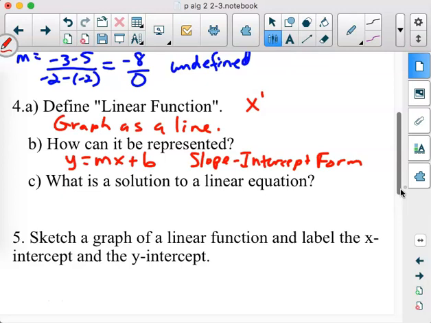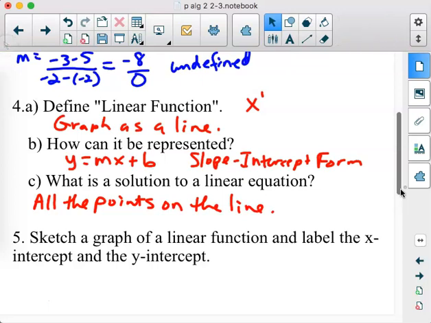Well, that's what we're graphing. All the points on the line are solutions. They're x's and y's together that make the equation work, that make it true. So if we put them in, they better work. Otherwise, we're going to know, oops, our points are messed up, because they've got to work in the equation. They absolutely have to.